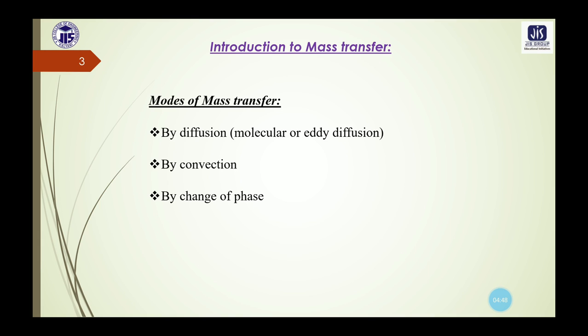The first mode of mass transfer is by diffusion. It is also written as molecular or eddy diffusion. So what is this actually? It is the transport of mass on a microscopic level as a result of diffusion from a region of high concentration to a region of low concentration in a system or mixture. If it happens in liquids or gases, it is called molecular diffusion.